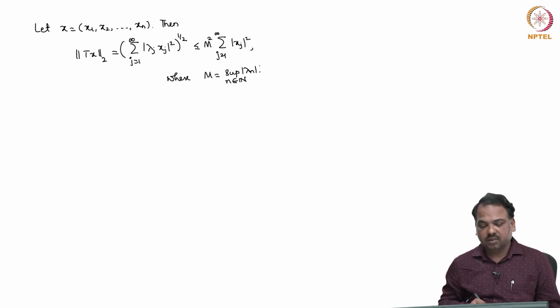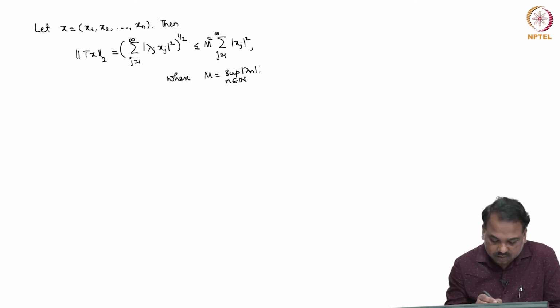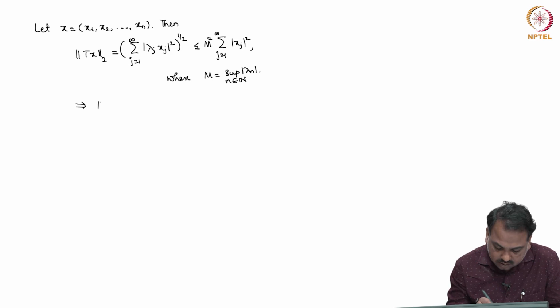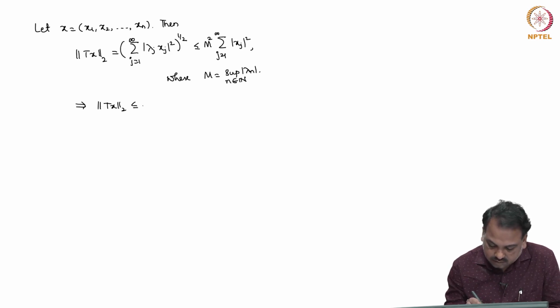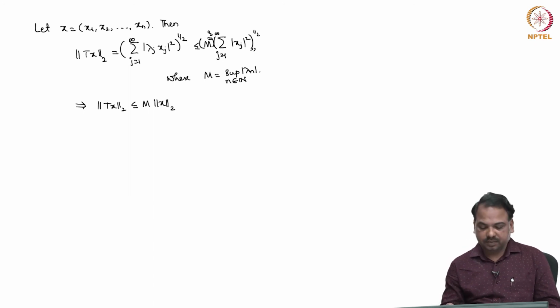Because if mod lambda j is less than or equal to M, then we can say that norm of Tx square is less than or equal to M square times the summation of mod x_j square. Taking the power 1 by 2, on the whole this is nothing but M into the L2 norm of x.